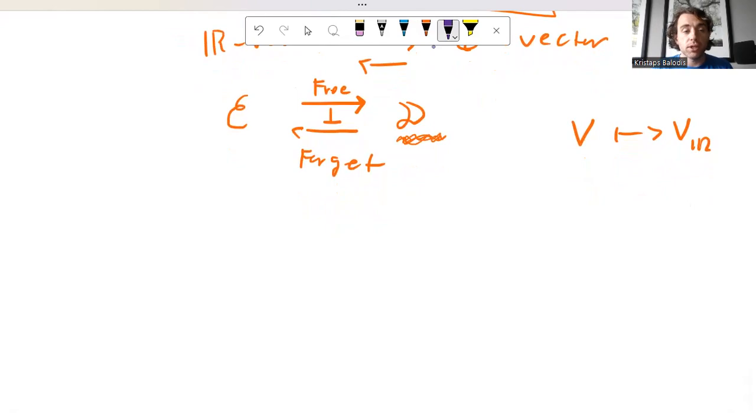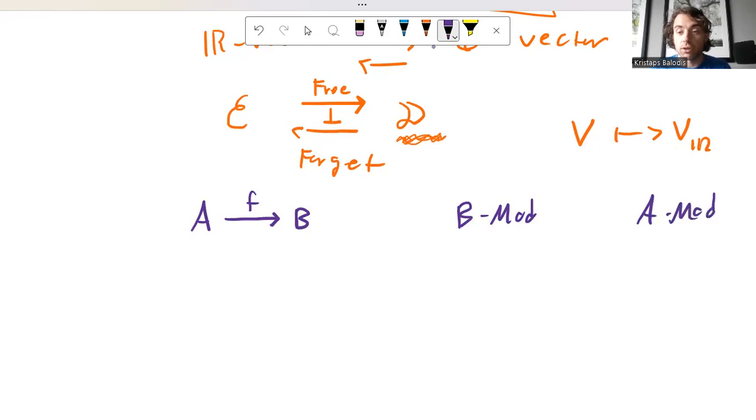And maybe I'll just briefly mention as well that everything I've mentioned here has a much more general manifestation in the concept of rings. So if you have a homomorphism of rings, you get various functors between the module categories induced by this homomorphism.